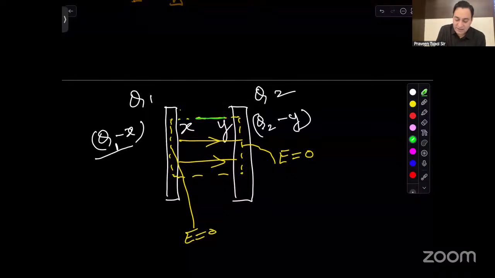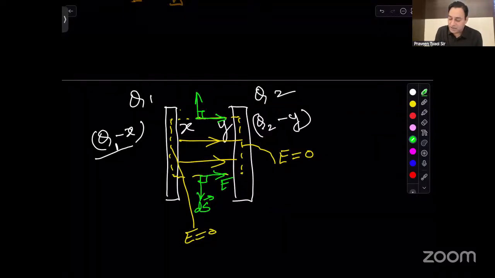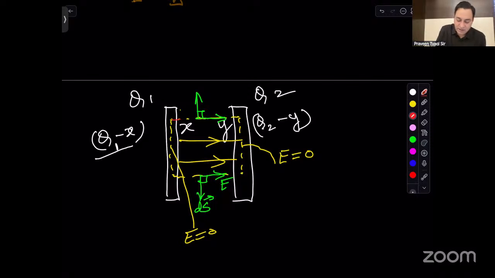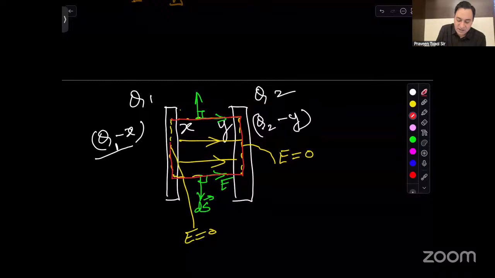Electric field is in this direction, surface area is in this direction. So for this surface, E dot ds, and similarly for this surface, E dot ds. So net E dot ds for this full closed Gaussian surface, which I will mark with the red color, like a cube, is zero.